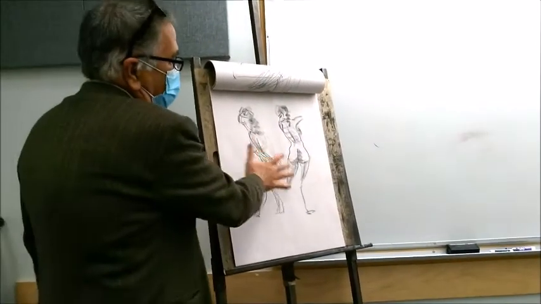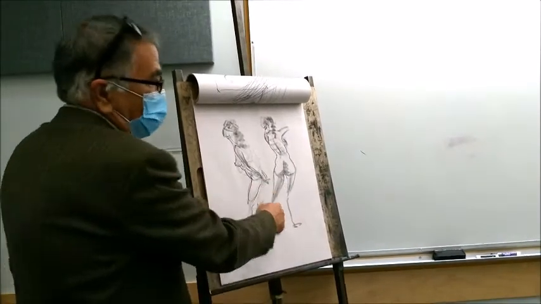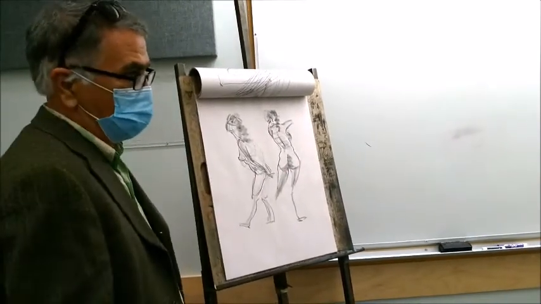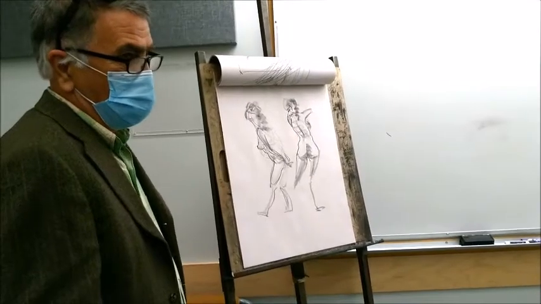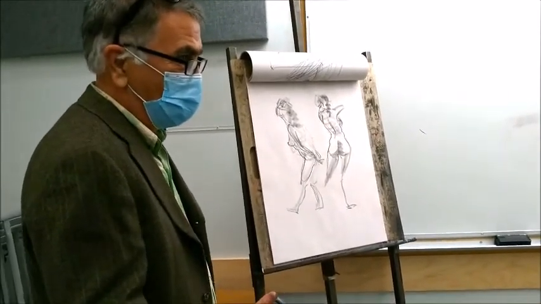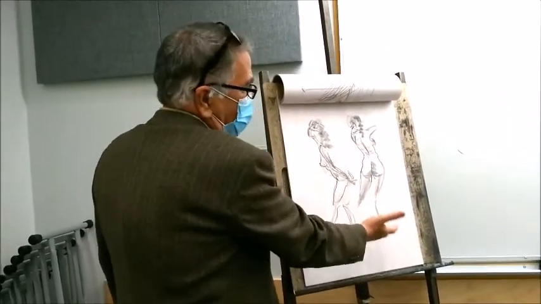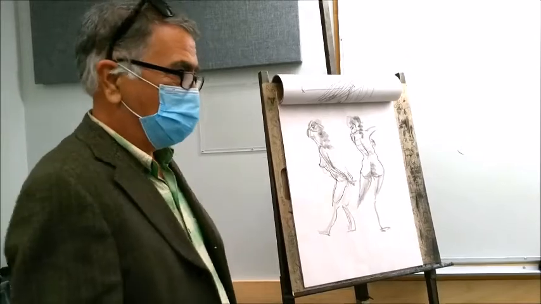If you look at them, for example, look at that one. There is a 2D aspect about that drawing and a 3D aspect. Can you tell me what is the difference between the 2D aspect and 3D aspect? How do you define the 2D aspect of that drawing and then 3D aspect of it?